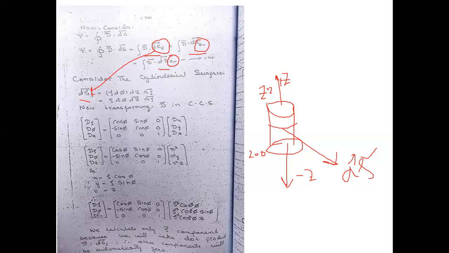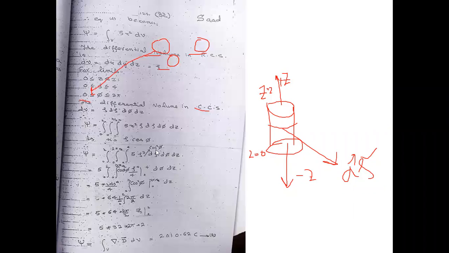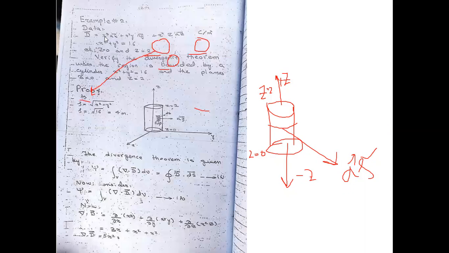Now D in CCS: we were given D in RCS, but for the rho surface we must convert this D into CCS. So that is the formula for the conversion: cos phi, sin phi, 0, times Dx, Dy, Dz. Instead of Dx we put the x component of D, that is x cubed, Dy given here, and Dz.